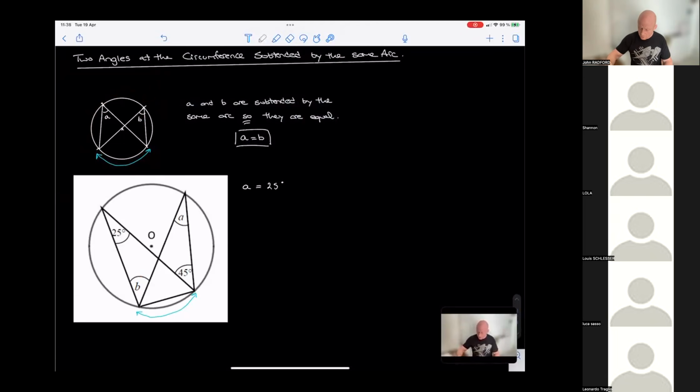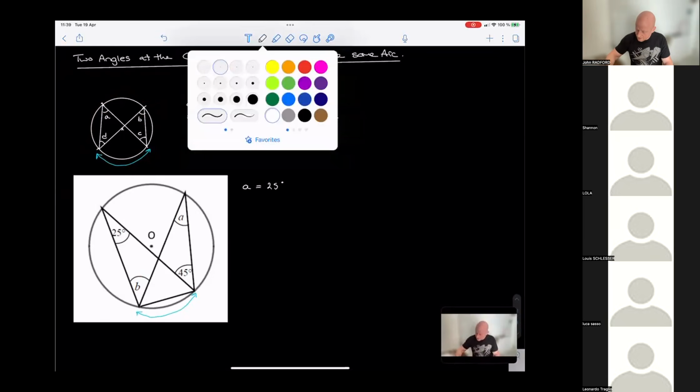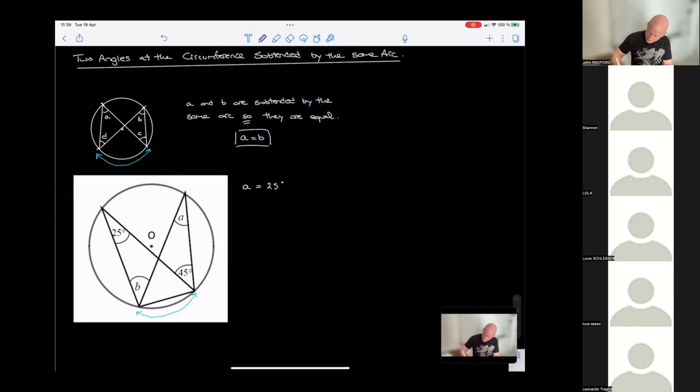But I could say more. If I were to call this angle here C and this angle here D, then can you see that both the angles C and D are also angles at the circumference, and they are also formed by the same arc?